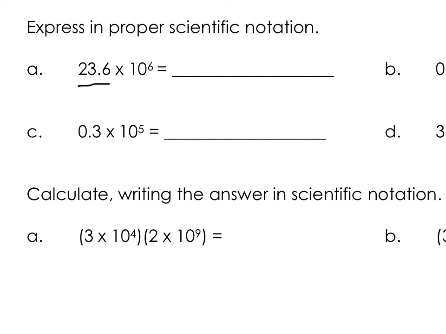The way I like to think of it is to think of it as 2.36. I like to take that 23.6, which is a large number. I move the decimal one place, so it's times 10 to the positive 1, and I still have 10 to the positive 6. And then I can combine those powers of 10. So 2.36 times 10 to the 7th.